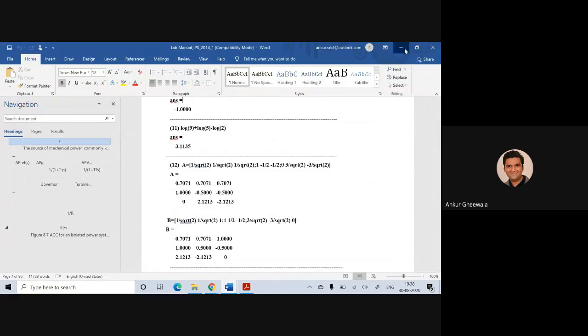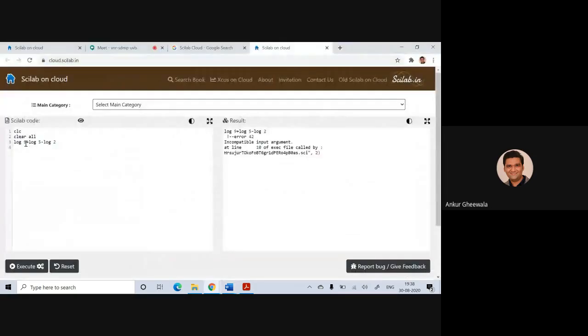Okay, I made a mistake. We have to also define our logarithm in the bracket. And then you will get your answer. Now once again, execute it. So I will get 3.11. Okay.